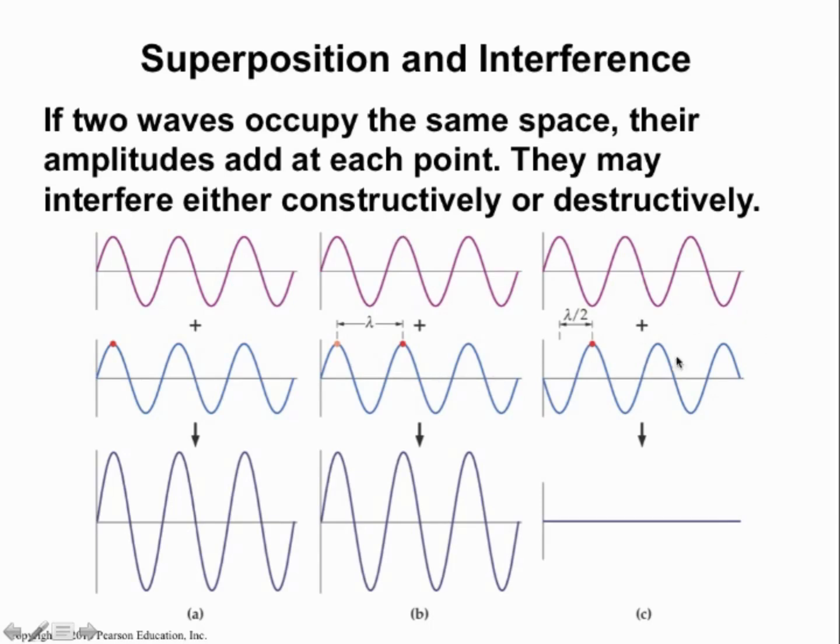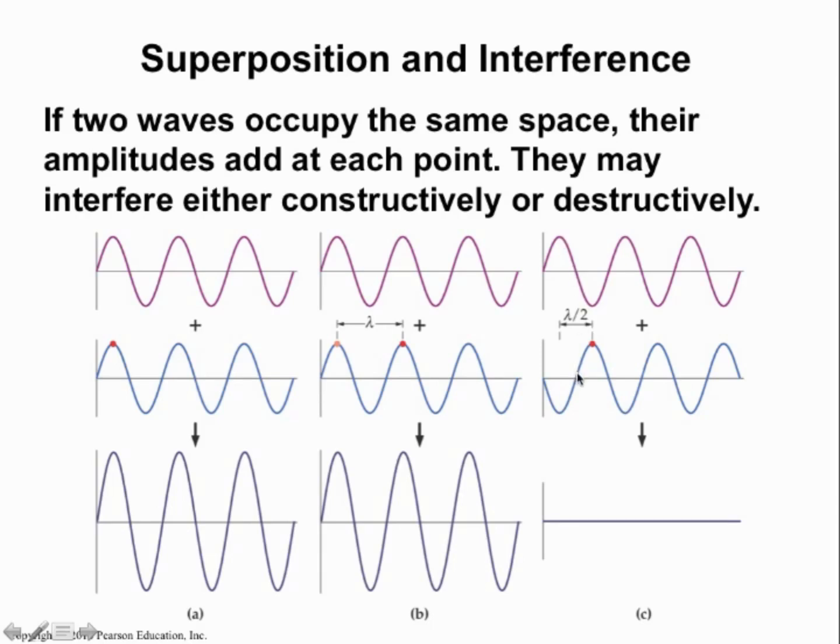But looking over here at this third diagram, what we have is two waves that are out of phase, in other words, not lined up, by an amount of 1/2 wavelength. And because they're out of phase by 1/2 wavelength, look at what happens when we add them. We add something that's highly positive to something that's highly negative, it becomes 0.